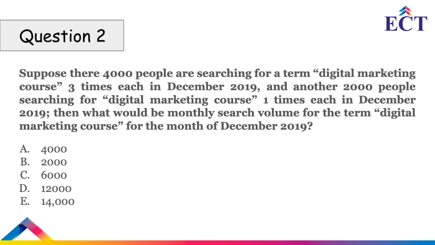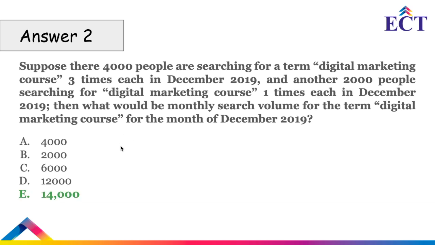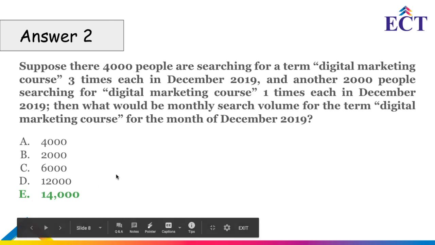Anuradha ma'am and Priti are saying 4,000, 12,000. No, not 4,000 or 6,000. It's 14,000 because the total number of times that digital marketing course would be searched would be 14,000. Correct. Now, this is the correct answer.